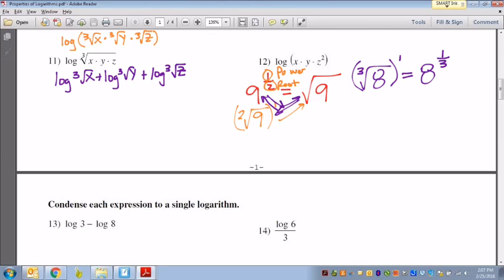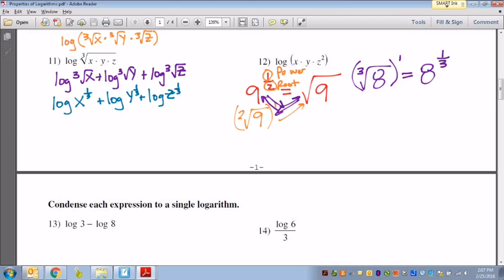So back here in number 11, notice how it's the cube root of x. What they want is for you to write log x to the 1/3 power, and same thing for y, so y to the 1/3 power, and same thing for z, z to the 1/3 power.